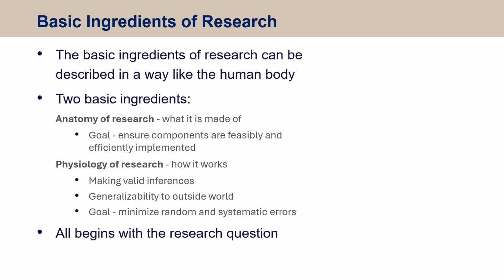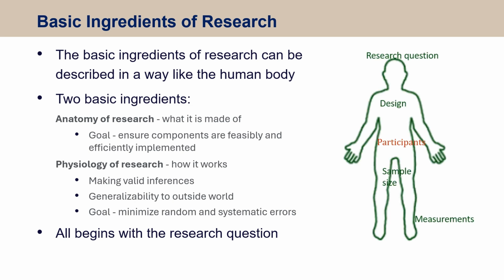All of these begin with the research question at the head. So you see on the right side, the research begins with a research question, and then you have a design somewhere in the chest, and around the belly or abdomen you see the participants, and then you have the sample size and the measurements.